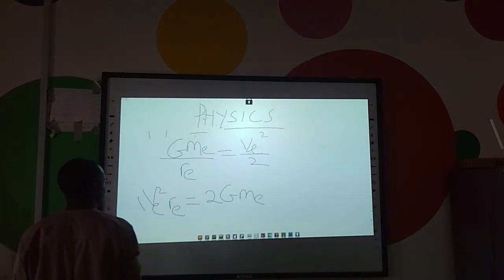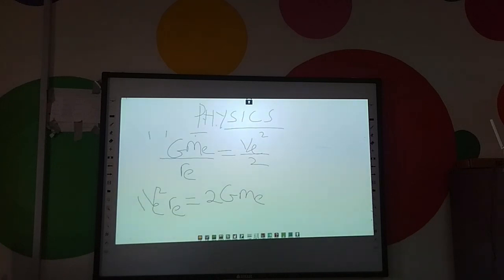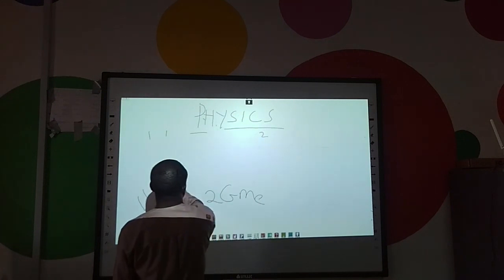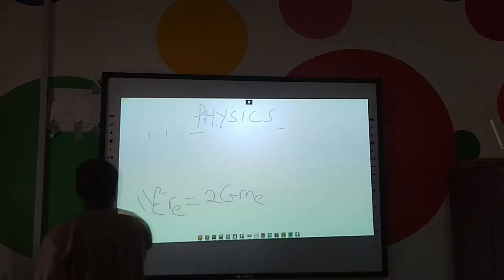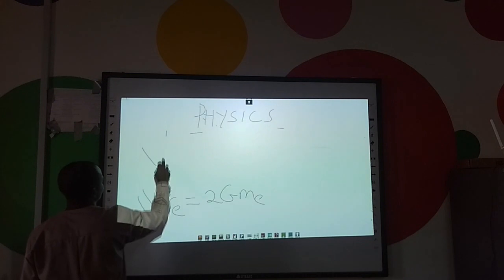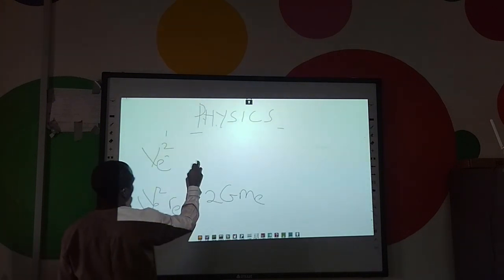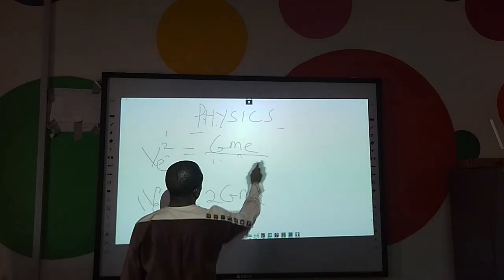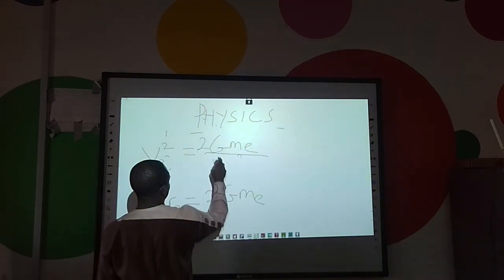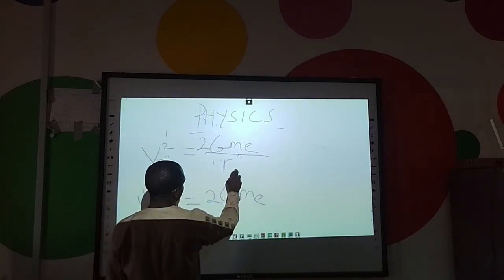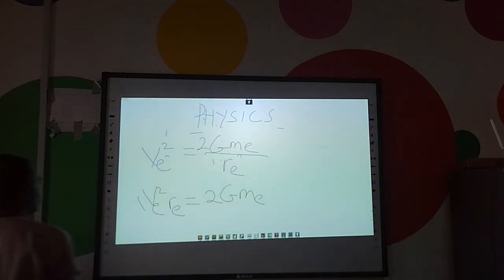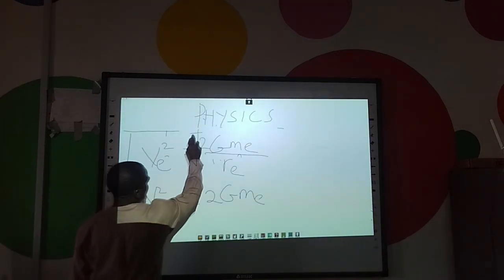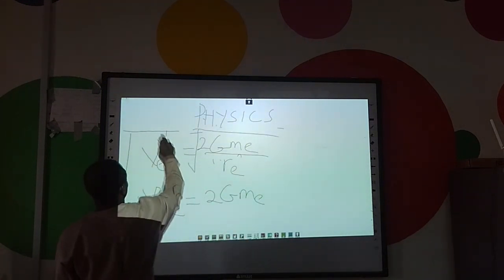You divide both sides by R E. You have V E squared equals 2 G M E over R E. Then you find the square root of both sides, and the square root cancels the square.